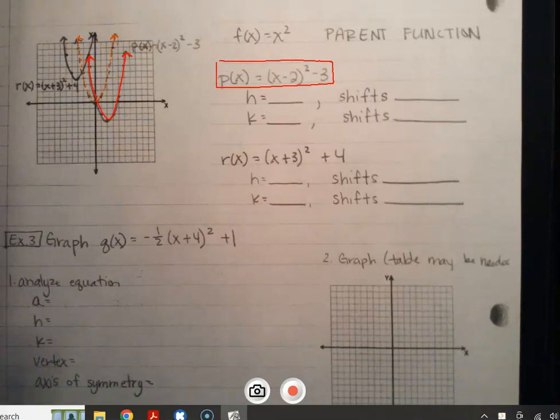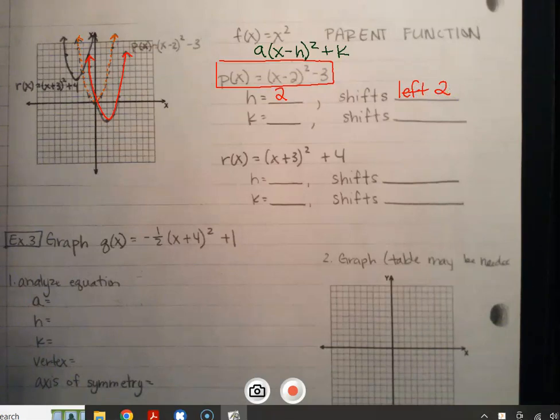Again, if we compare this to vertex form, which is a times x minus h squared plus k, what's my value for h? It's a 2. Good. Which shifts it which direction? Left 2. Awesome. What's my value for k this time?